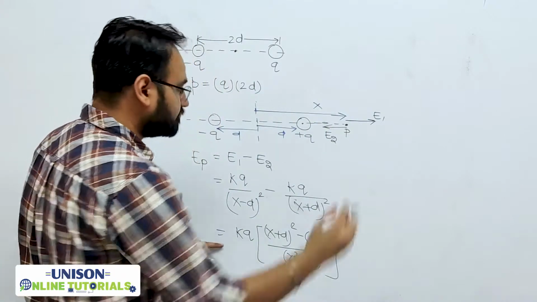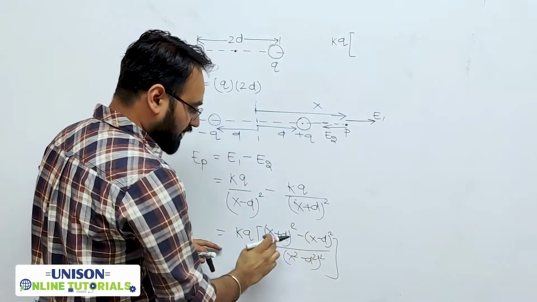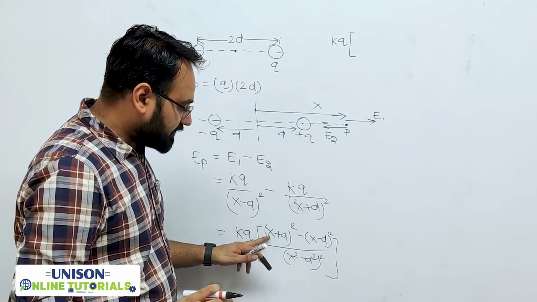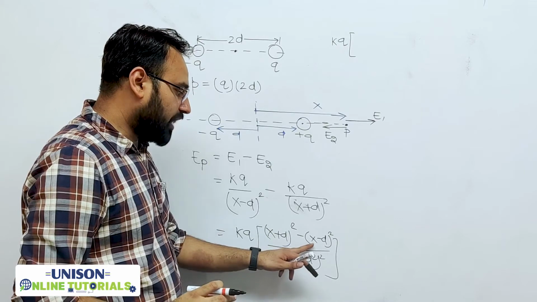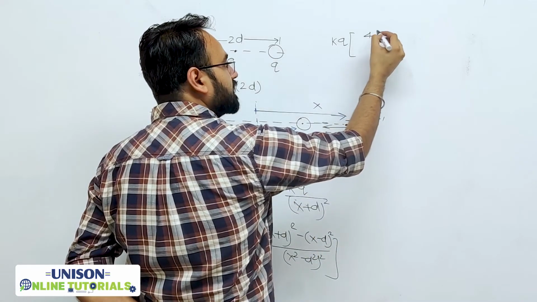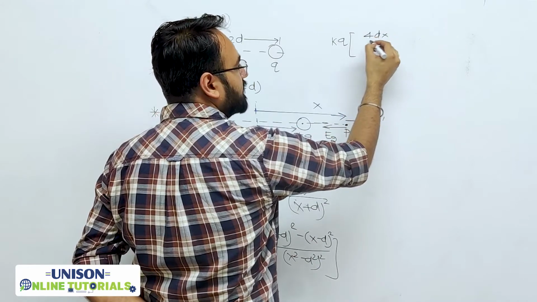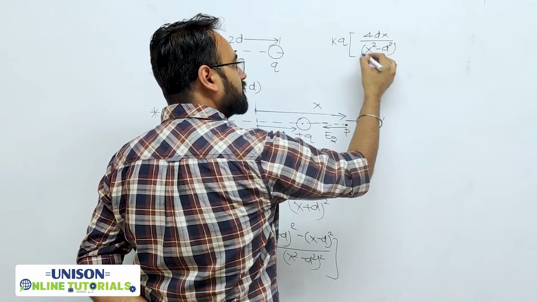We get KQ into, when we open these brackets, x square plus d square plus 2dx, minus x square minus d square plus 2dx. So ultimately what we get is 4dx upon x square minus d square whole square.